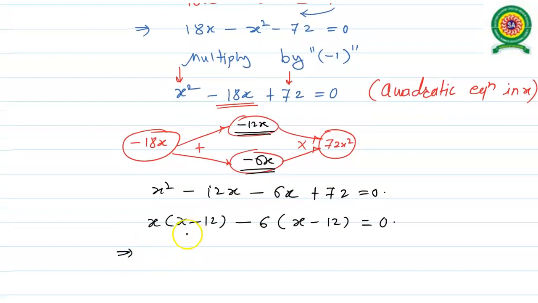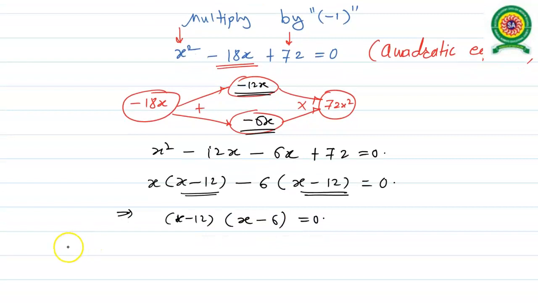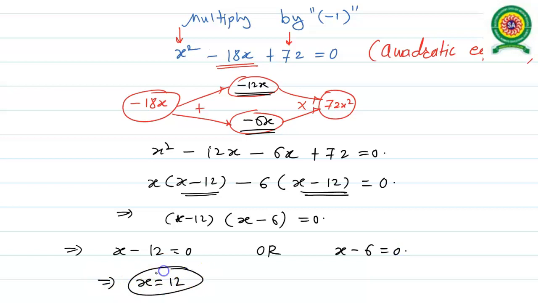So taking x minus 12 common, we remain with x and minus 6. Once the product of any two numbers is 0, at least one of them is 0. So either x minus 12 is 0 or x minus 6 is 0. While simplifying, the x value is 12 or the x value may be 6.